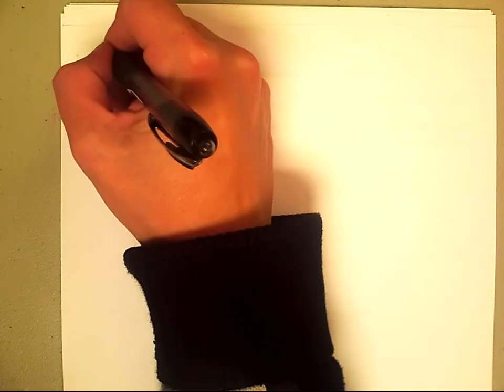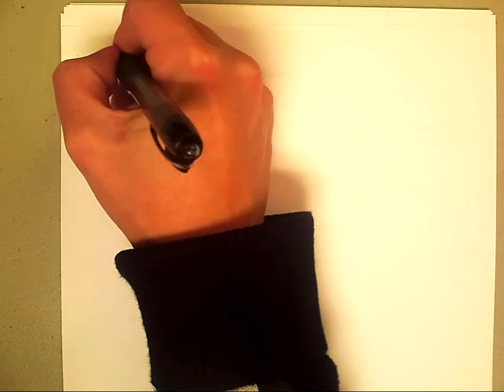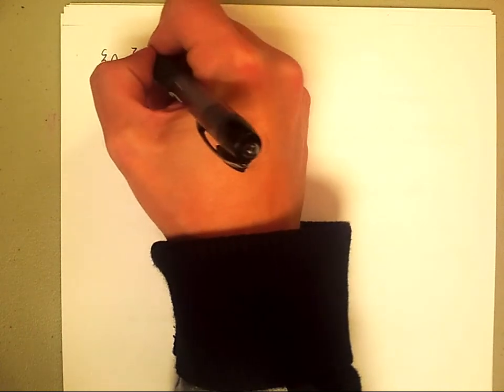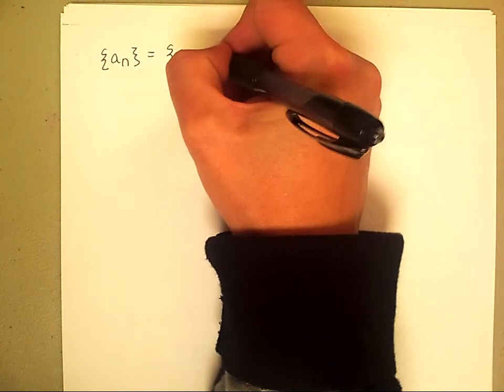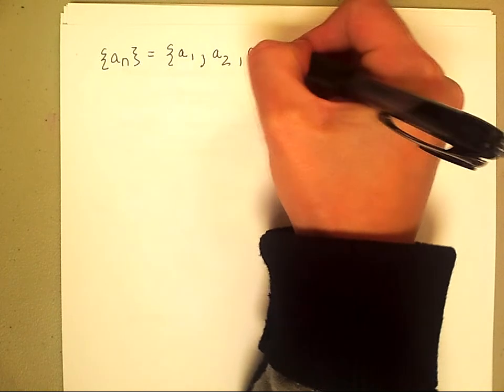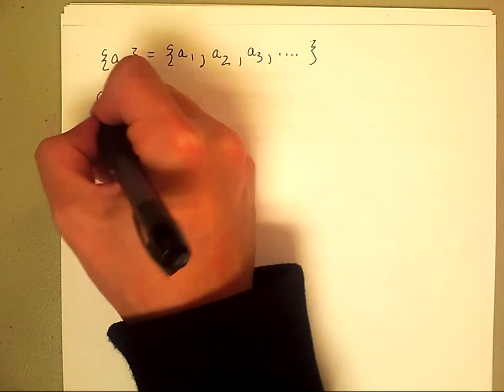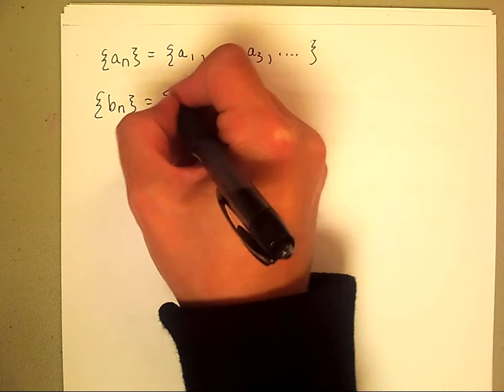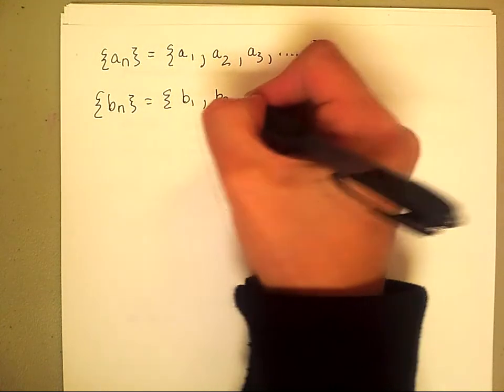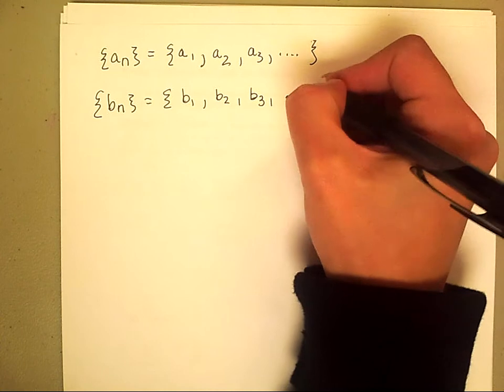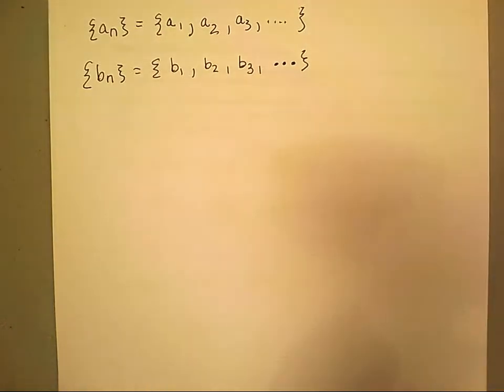Now, we'd also like to be able to do some algebra with them, so we need to know how to add and subtract, etc. Let's say we have two sequences, a sub n, remember when we put these out, that'll be the first term, the second term, the third term, etc. And if we have another sequence, we'll call it b sub n, its terms are going to be b1, b2, b3, etc.